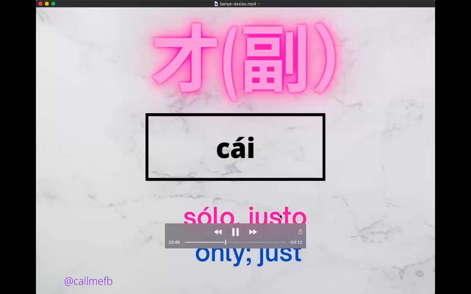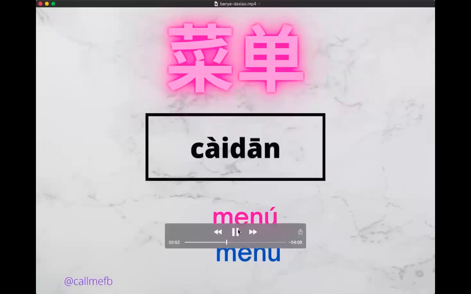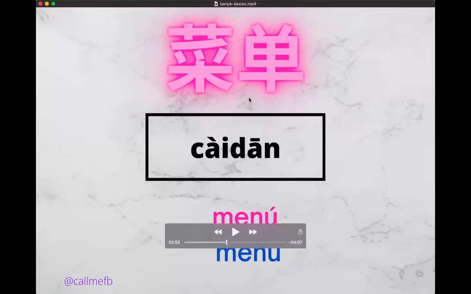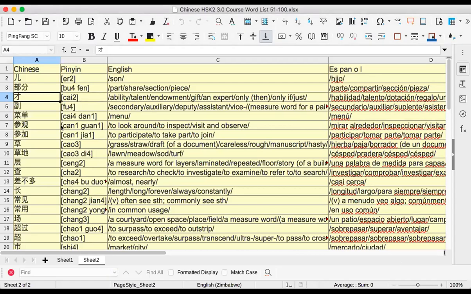And our next word would be 菜单. Okay, 菜单, and what does that mean? Menu. Yes, very good. So if you come here, we're learning with a lot of stuff together.